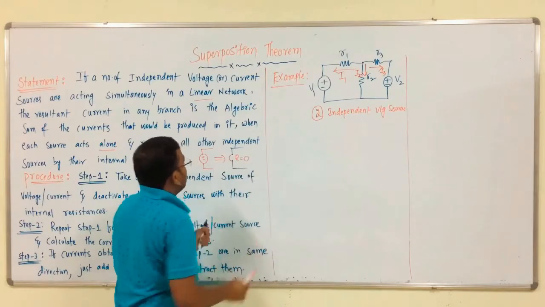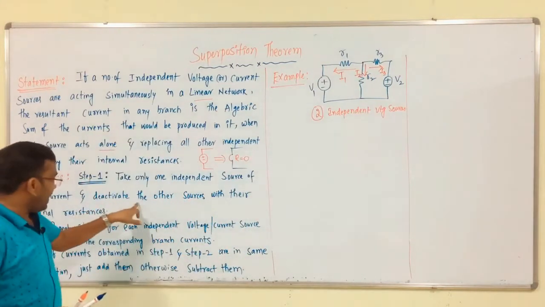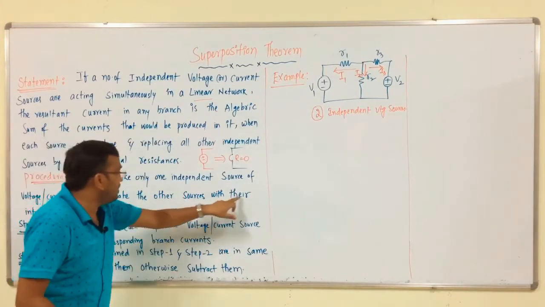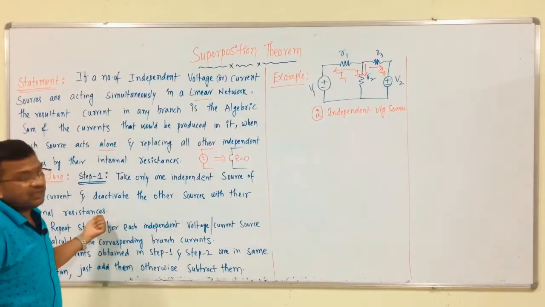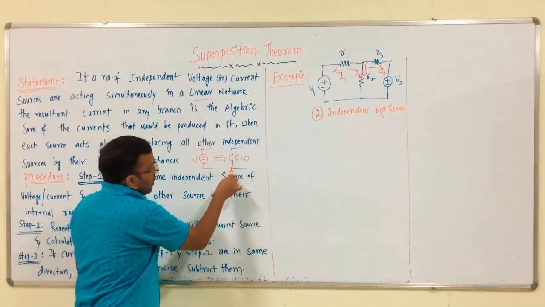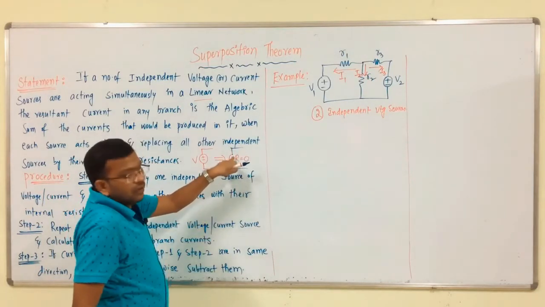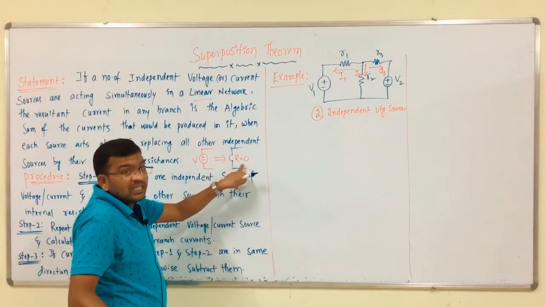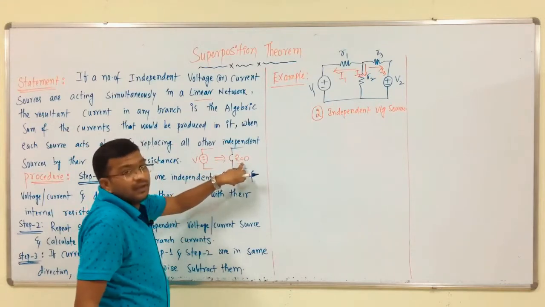For a voltage source, it should be short circuited, that is R is equal to 0. The internal resistance of a voltage source is nothing but 0.